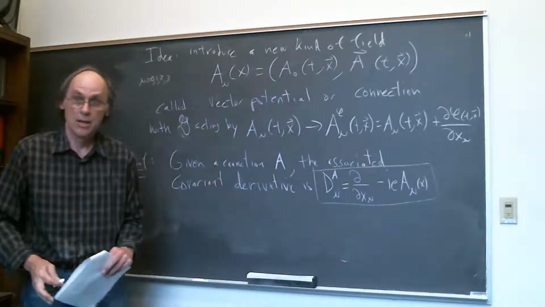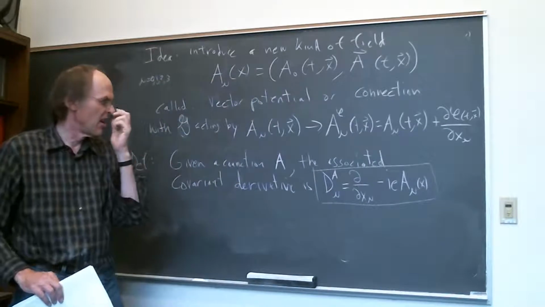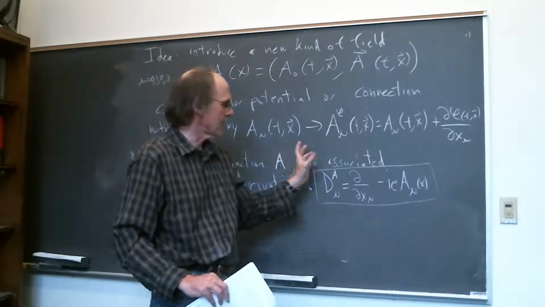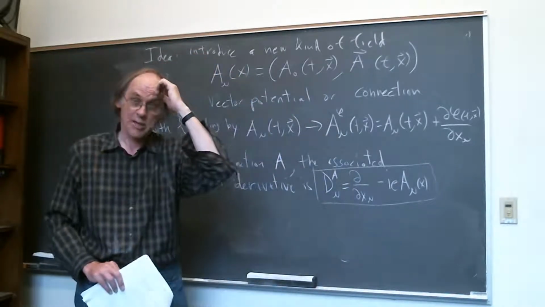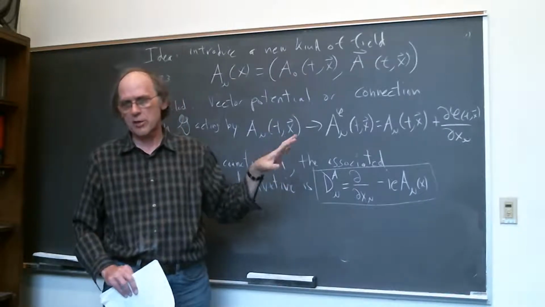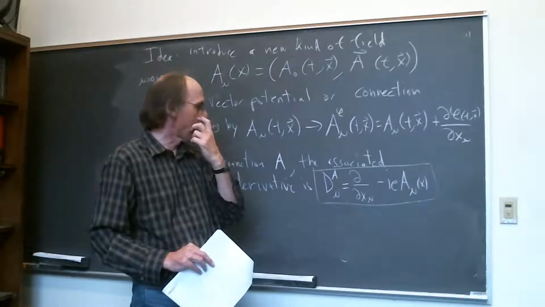Okay. So this is called the covariant derivative, and there's going to be a lot of geometry behind this, which I'll try to say something about as we go on. When mathematicians are working with these things, they'll often identify the connections and the associated covariant derivatives.